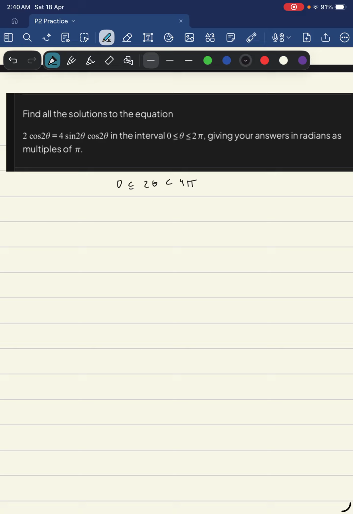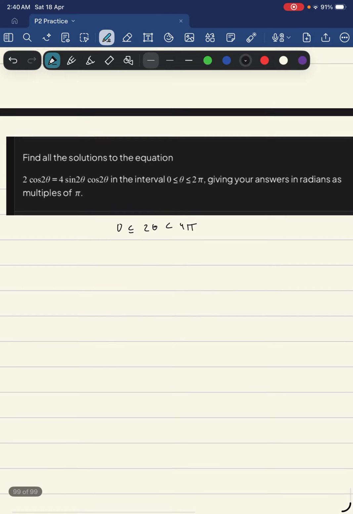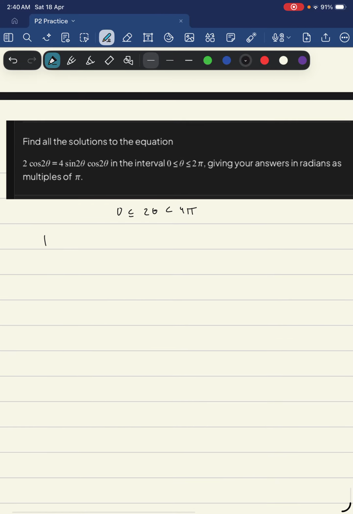So on my calculator, I'll do 180 over pi. Let 2 theta be equal to x. So therefore x is from 0 to 720. And I'll just write convert to radians, just so I don't forget at the end.